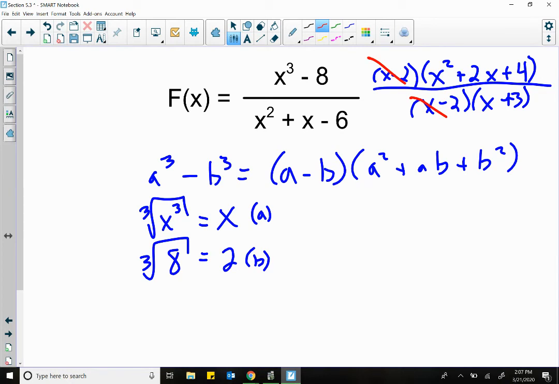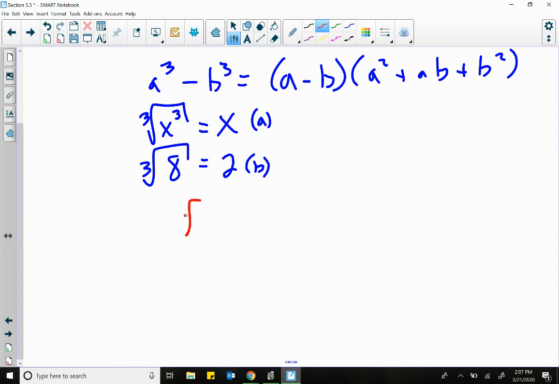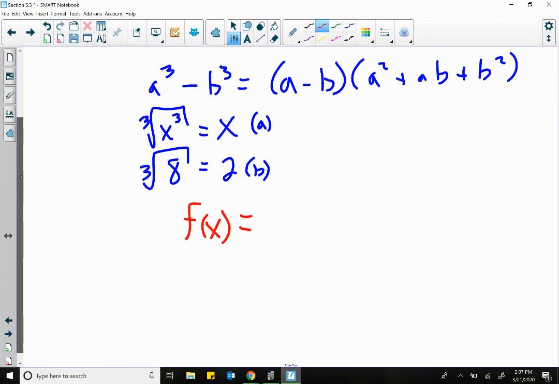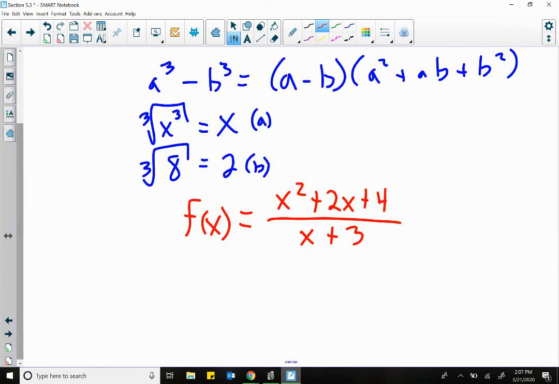So what we really have left for our function that we're trying to find the asymptotes of is f of x equals x squared plus 2x plus 4 all over x plus 3. Okay?